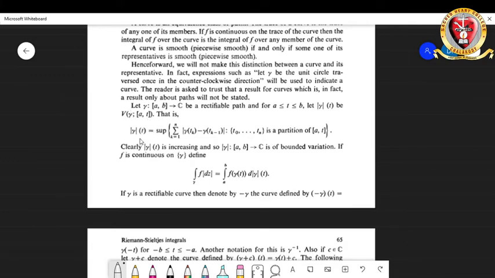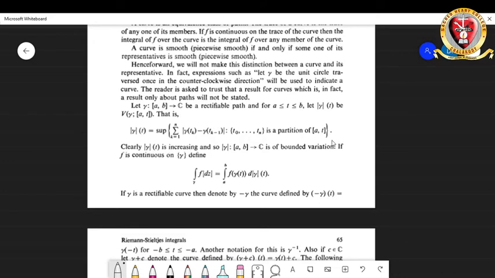That is, the modulus of gamma of t is equal to the supremum of the set of all summations, k going from 1 to n, of modulus of gamma of t_k minus gamma of t_{k-1}, where t_0, t_1, etc. up to t_n is a partition of the closed interval [a, t]. By the definition, the modulus of gamma of t is equal to the supremum of this set.